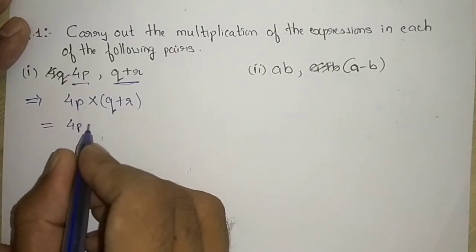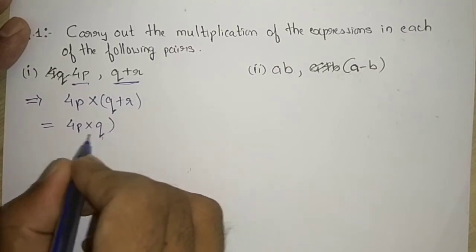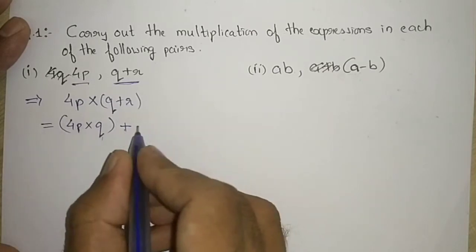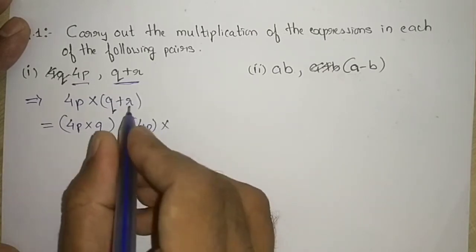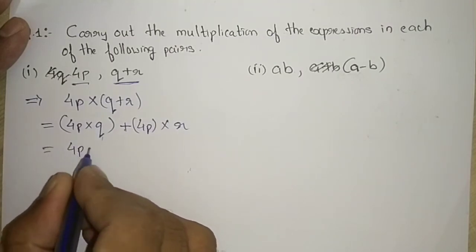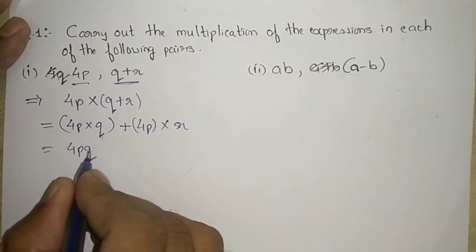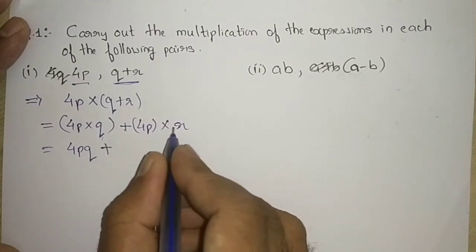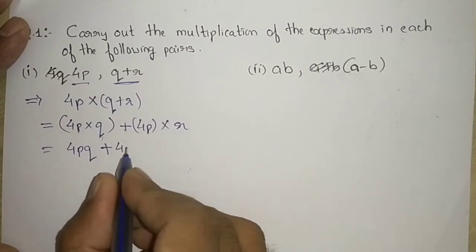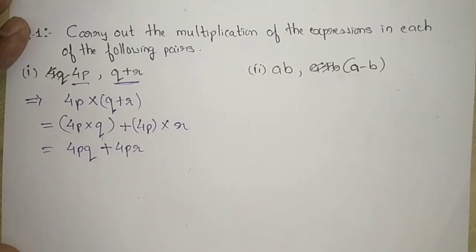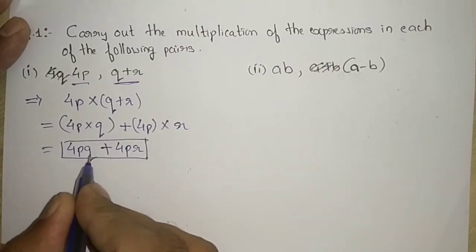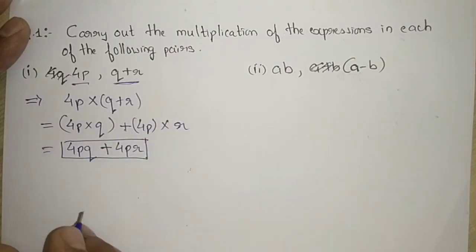Multiply 4p with each term of the binomial. So you will get 4p into q will be 4pq, plus 4 ones are 4, that is the coefficient of r, and p into r will be pr. This is our answer. They are not like terms, so we can't go further.